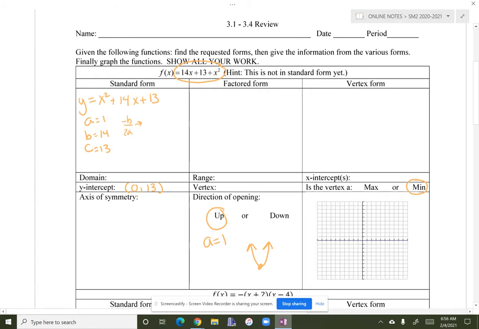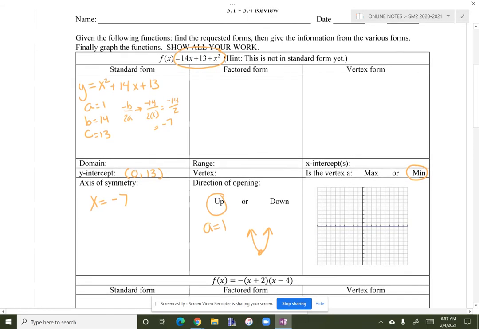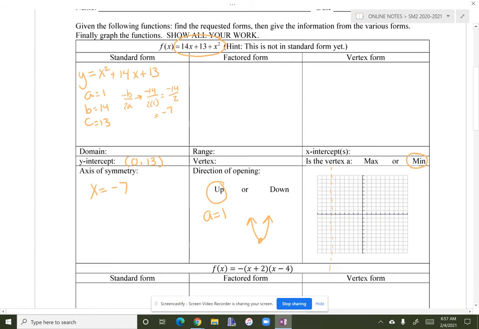And I get negative 14 over 2 times 1, which is negative 14 over 2, which is negative 7. That's my axis of symmetry. So I know that at negative 7, 1, 2, 3, 4, 5, 6, 7. Okay, there's my axis of symmetry.